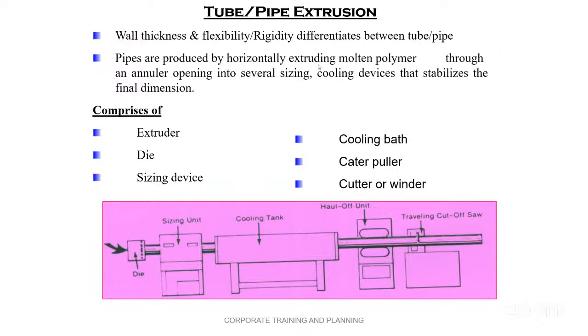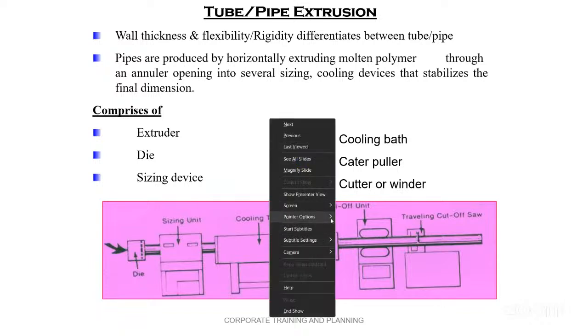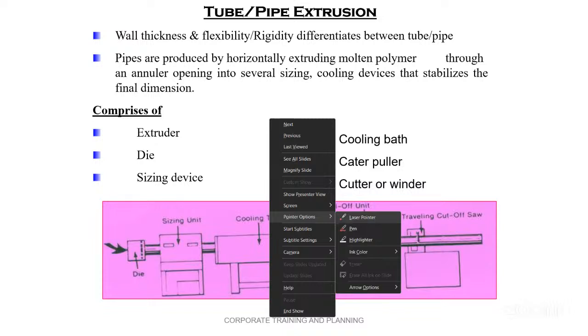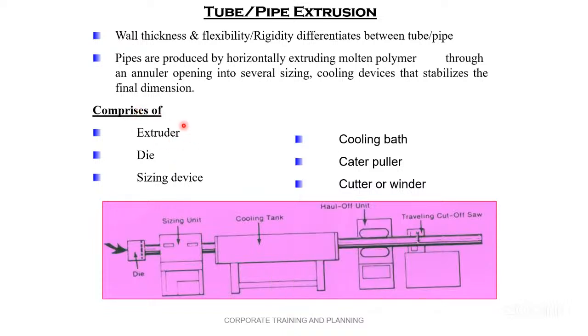Now, this is a basic diagram of the pipe plant. First is the extruder. What are the necessary conditions for the extruder? I have shown you the screw for PVC, the screw for nylon, and the screw for general purpose polypropylene material. ABS material is also used to manufacture pipes.